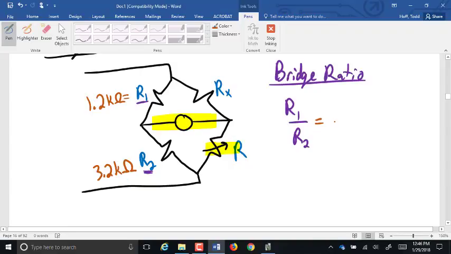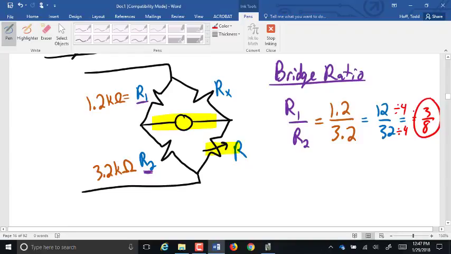So my bridge ratio, do I have to write it out as 1200 over 3200? No, I could, but since it's kilo, the kilo would cancel out, be 1.2 over 3.2. Now to reduce that I might make it 12 over 32. I just multiplied both by 10 to get rid of the decimal. And then divide out. Both of those can be divided by 4. So 3/8. 3 to 8. So that's a 3 to 8 bridge ratio.